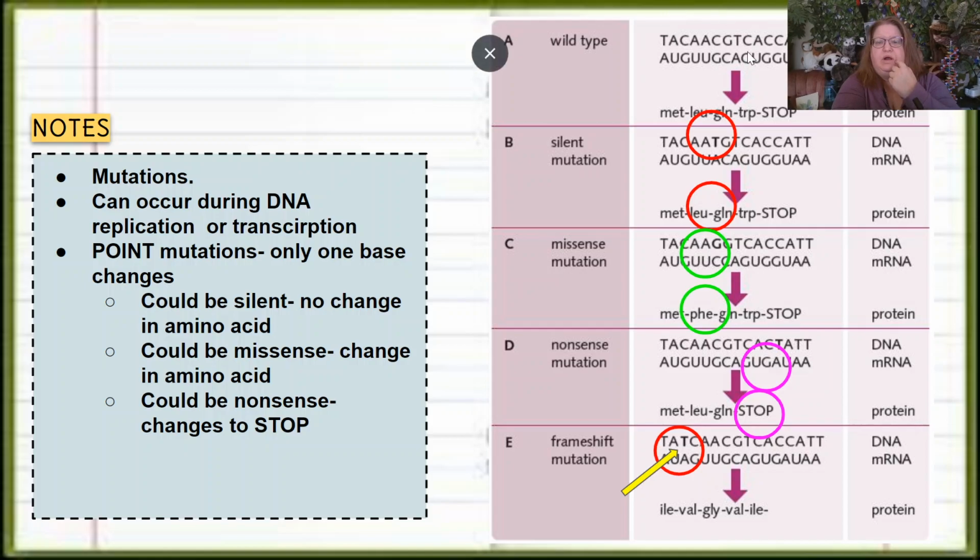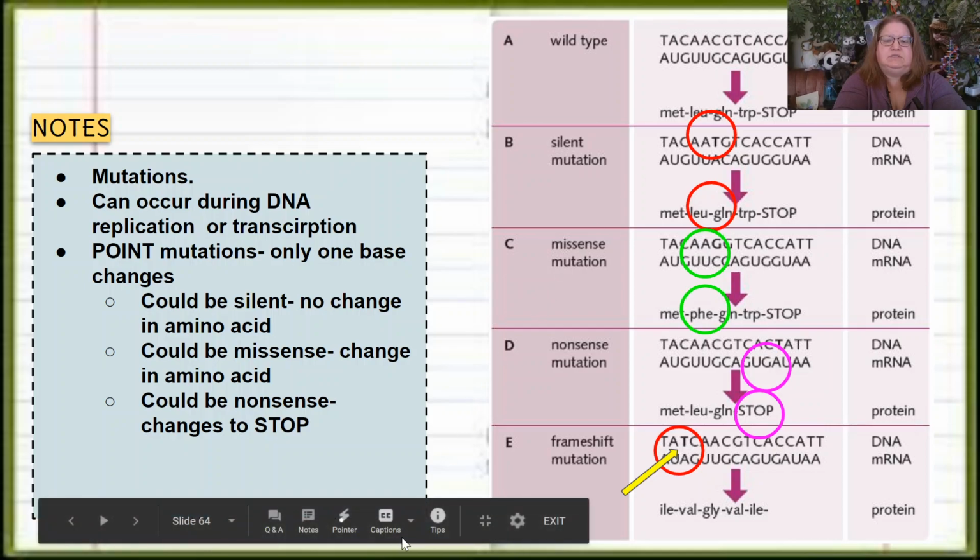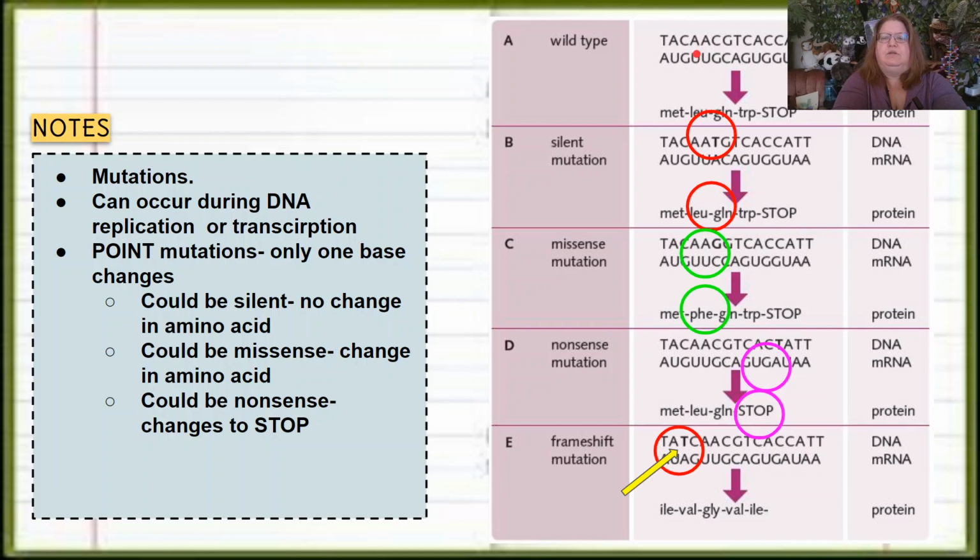So here is a wild type DNA and the mRNA that's transcribed from it. You can see, if we take a look at that second codon here, we went from AAC, and if you notice in part B, it changes to AAT.